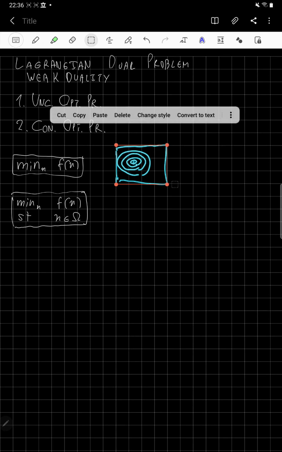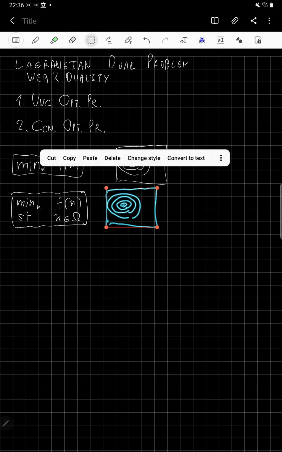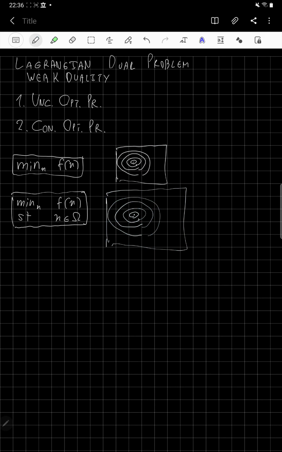Let's just copy it. But maybe it must be restricted to some weird function or whatever, some weird set. Okay. So here, the minimum will probably be this guy over here.